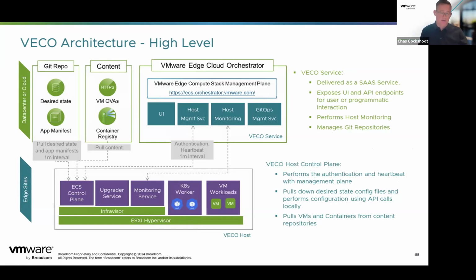The upgrader service is important because it allows us to effectively do that kind of blue-green. You don't want to get into a state where an upgrade fails and you can't roll back, because it's all about recovery time objectives on these sites. We have the monitoring service, as I've said. We have our edge optimized Kubernetes runtime, and then the ability to host VMs as you normally would.